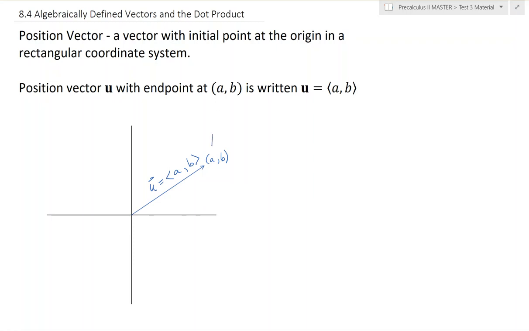The horizontal component is your a, and the vertical component is your b when we're talking about points, and it's the same way as a vector. This is your horizontal component and this is your vertical component. So geometrically, while in the previous section we represented vectors as directed line segments, algebraically they'll be this ordered pair in angle brackets.